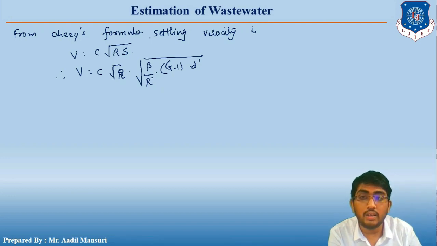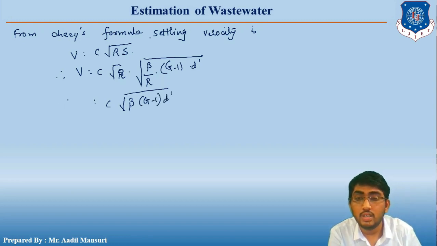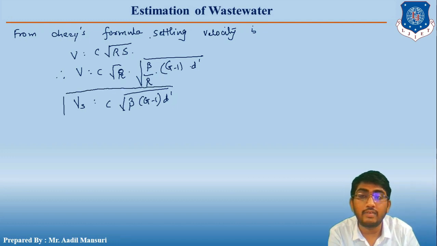So under root R in the numerator and denominator will cancel out. So this will be C into under root beta (G minus 1) D dash. Okay, so this is the equation of settling velocity, right?